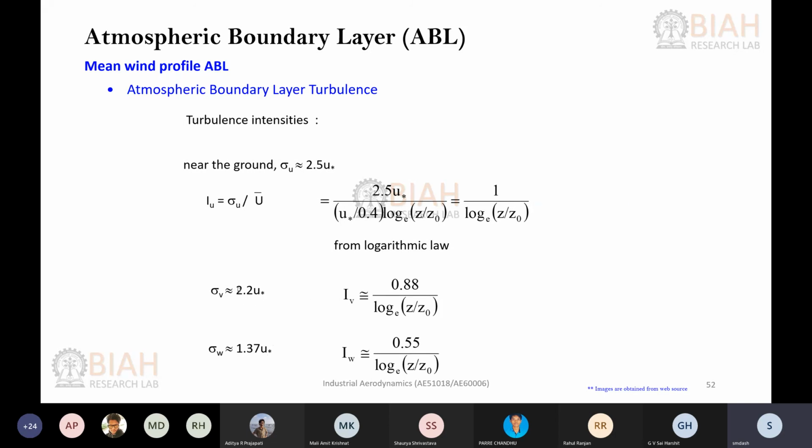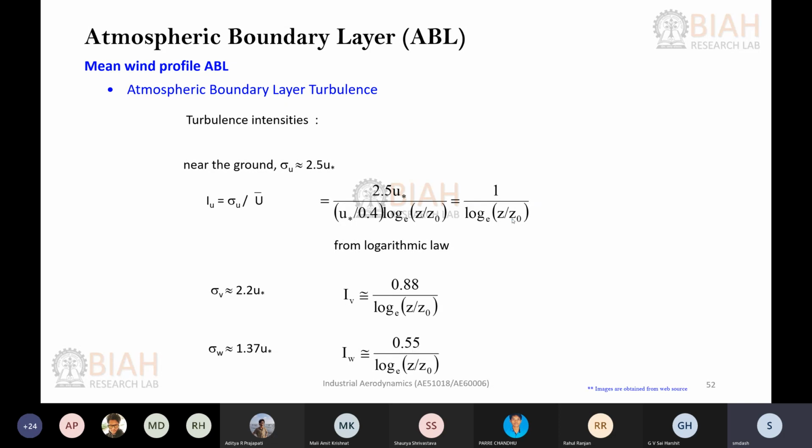So all the standard deviations can be written in terms of u star, and turbulence intensity too. This will be your turbulence intensity when following the logarithmic law. For IU this is the value, for IV this, and for IW this.